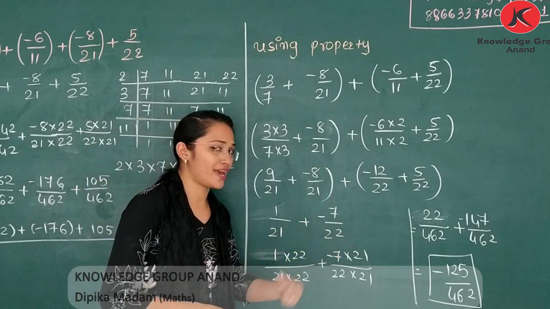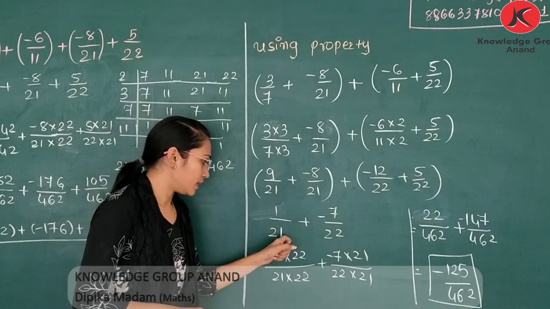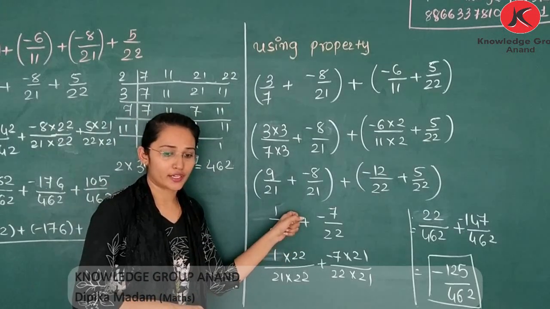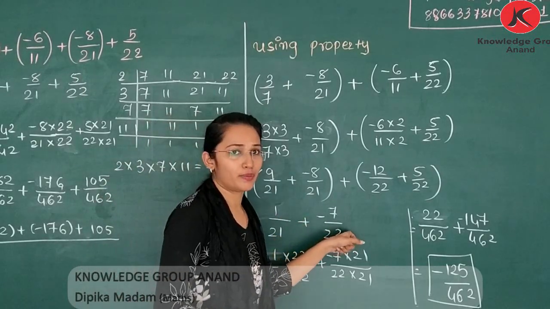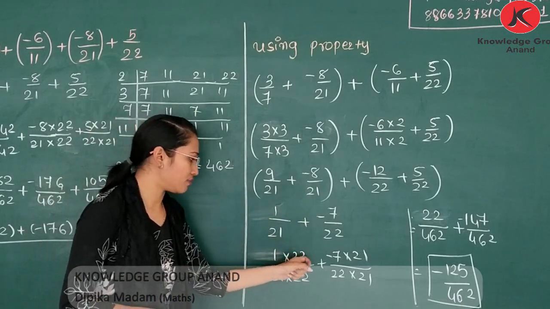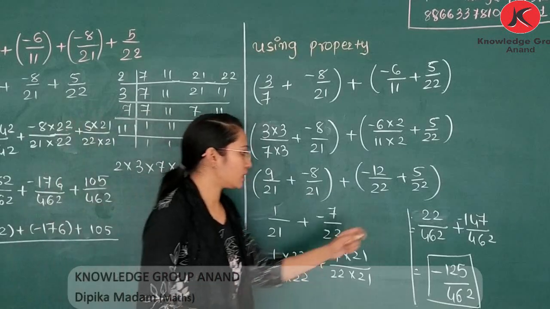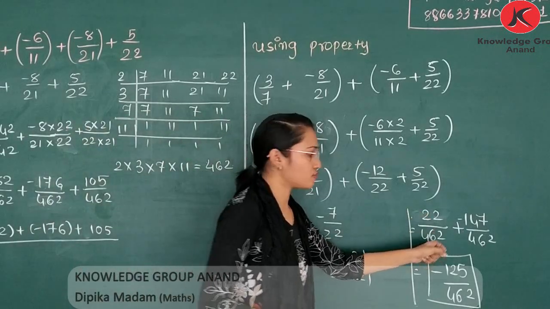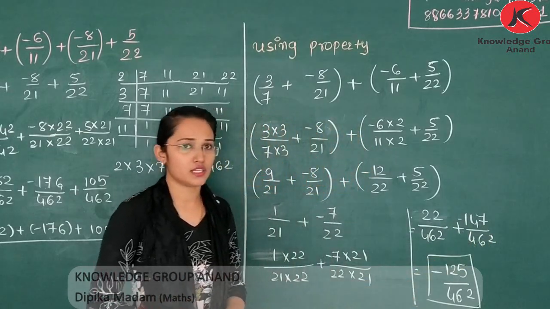Here you multiply with 22 in numerator and denominator, and here you multiply by 21. So 1 is multiplied with 22 and minus 7 is multiplied with 21. You get 22 by 462 and minus 147 by 462.